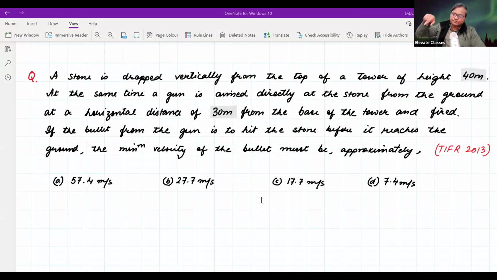First, draw the diagram. Look at the various physical quantities. Look at what is unknown. And here you don't need anything more than kinematics equations.